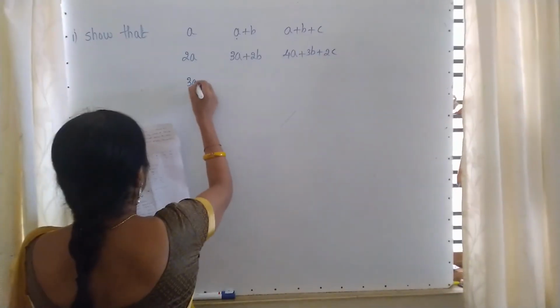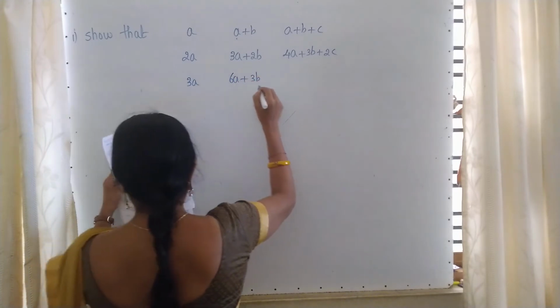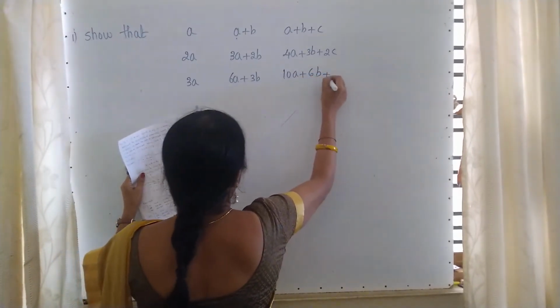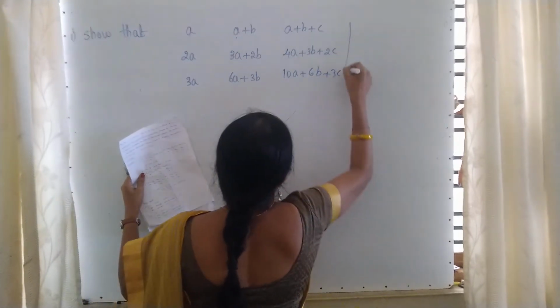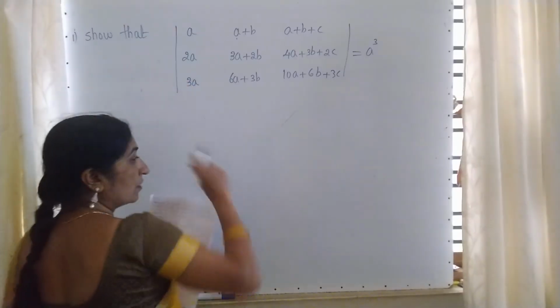Next row 3A, 6A plus 3B, 10A plus 6B plus 3C, is equal to A cubed. So this is the question.